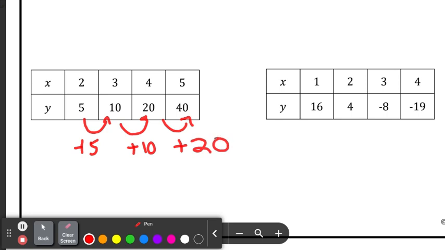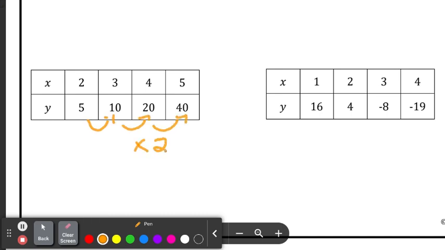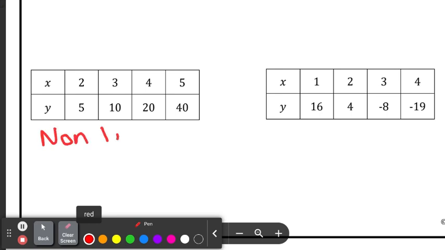So the rate of change is not constant. It's not staying put. There's a common factor. All of these are being multiplied by 2. So as we know from what we've done in the past, this is an exponential function, but they're not asking that. We would say nonlinear or not linear. And our reason, the rate of change is not constant.